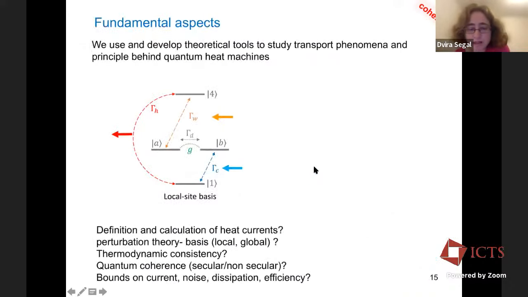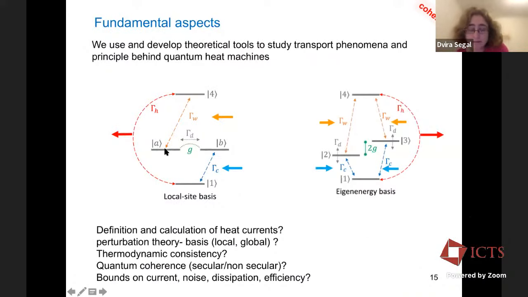Just to highlight the notation, in what we call the site basis, I have these A and B levels with G, which is the energy parameter controlling the tunneling splitting between them. Ignore this gamma D. I will not dwell on all the details of this study.